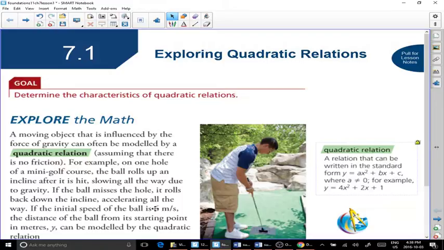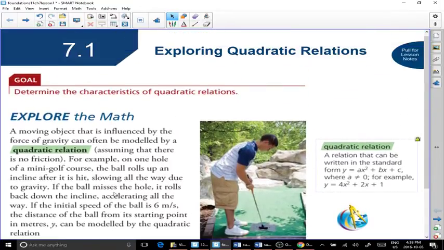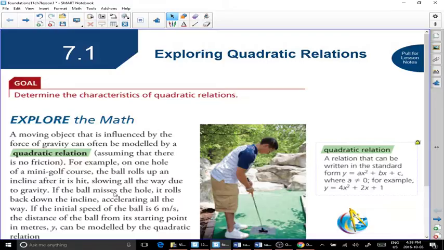One of the important things I need you to do is be in your textbook at section 7.1, exploring quadratic relations, because you're just going to follow along in your book and maybe do a little bit of work with a graphing calculator or Desmos and maybe write down some stuff, not in your book, on a piece of loose leaf.